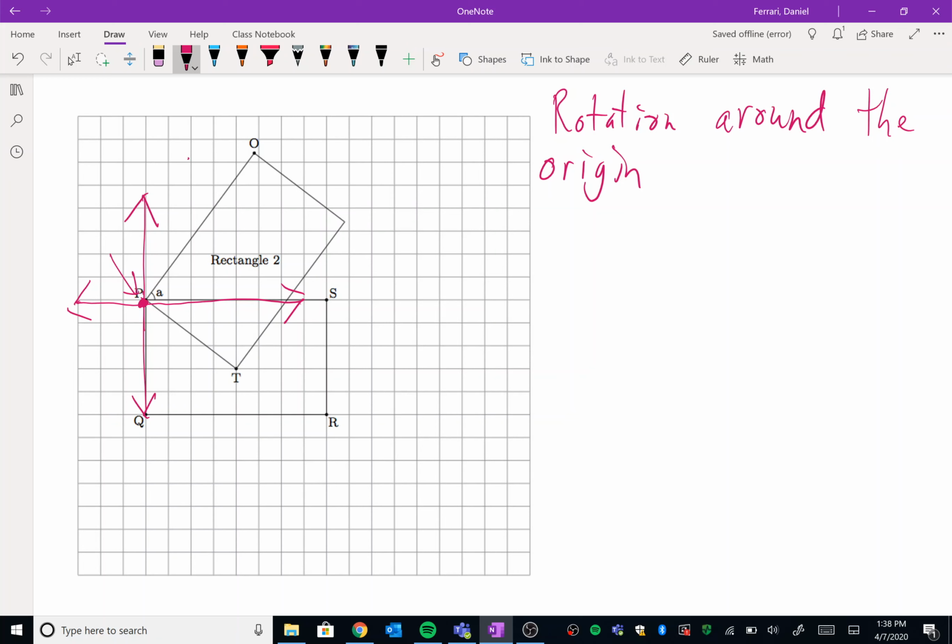And because we want to make PQ line up where PS is currently, the way we're going to do this is we are going to rotate by whatever the measurement of angle A is. Now, if you look at angle A, does it look like a 90 degree angle? Does it look like a perfect corner like that?